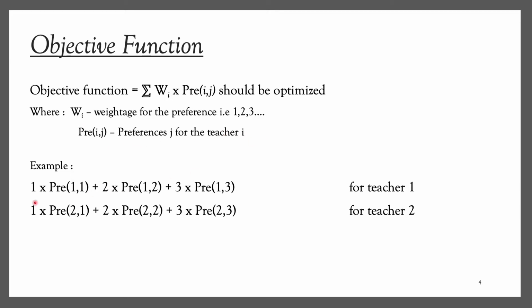For example, this is the first weightage, that is 1, multiplied with the first preference of the first teacher, then addition of the second weightage, that is 2, multiplied with the second preference of the first teacher, then addition of the third weightage multiplied with the third preference of the first teacher. Similarly, this is for the second teacher. Now let's discuss the constraints and bounds which are applied in this program.